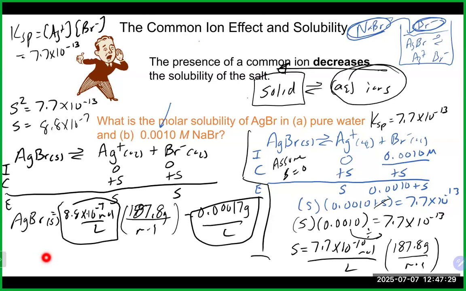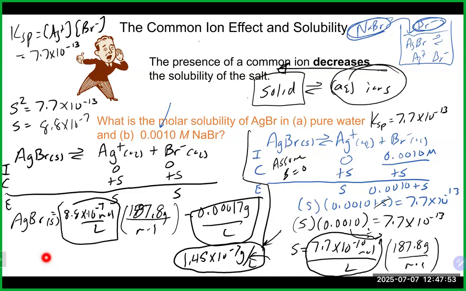That gives us 1.45 times 10 to the minus 7 grams per liter in this case. So this again would be the molar solubility of our silver bromide with the common ion. And obviously this would be it in grams per liter in this case.